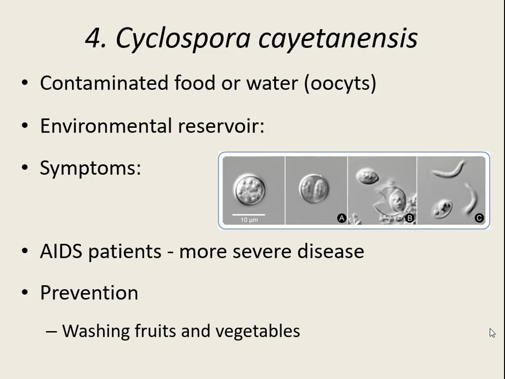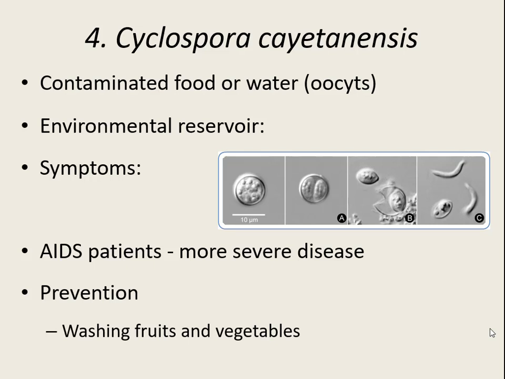We know that it causes cramps, diarrhea, muscle pain, and fever. Again, it's a fecal-oral transmission, or we're pretty sure it's a fecal-oral transmission from some animals. Usually it resolves itself within days to weeks, but if you are immunocompromised, it causes a more severe disease.